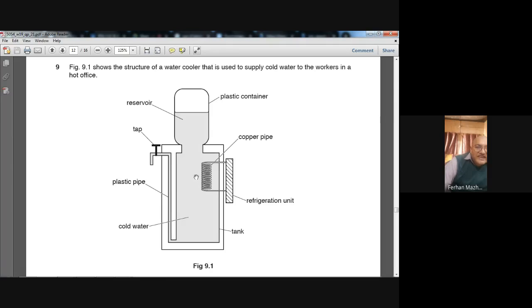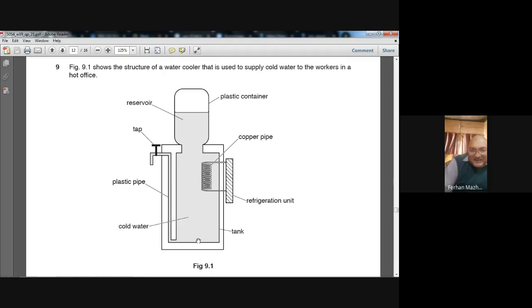The water which is here near the copper pipes, because its heat has gone inside the pipe, this water will become cold. When it becomes cold, it will become dense. When it becomes dense, it will move downward. So it will mix with the cold water because it has also become dense. Now do you understand?